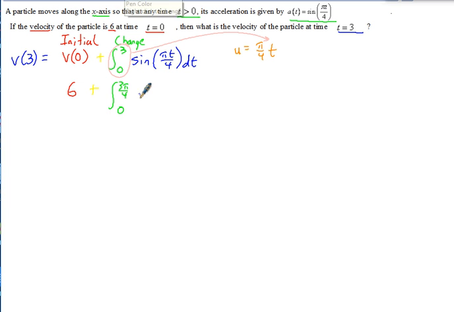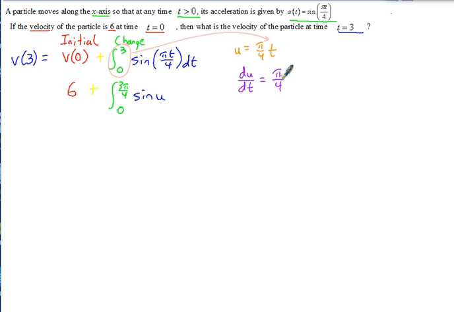And now we can rewrite this as the sine of u. But remember, we need the whole integral in terms of u, so we need to replace this dt, and the way we do that is by taking the derivative of what we set u equal to. In this case, du dt, the derivative of pi over 4 t, is just pi over 4. Just like the derivative of 5t would just be 5.